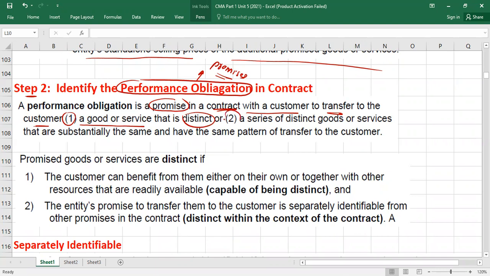Or, second, it could be a series of goods or services that are substantially the same, and have the same pattern of transfer to the customer. I'm just giving you a rough example in order to understand.